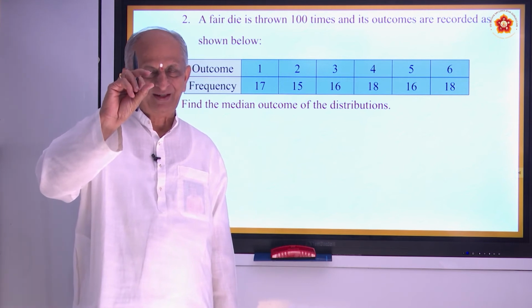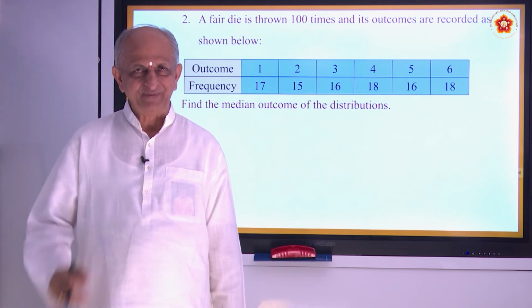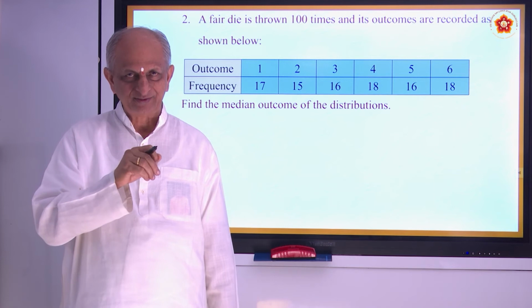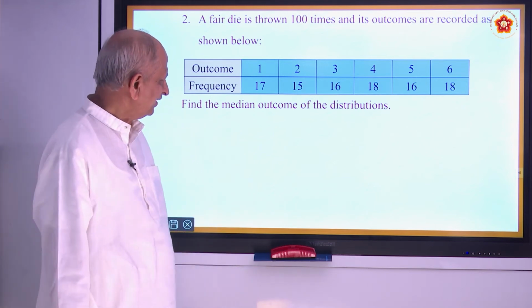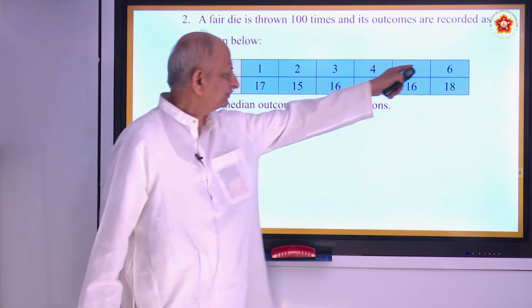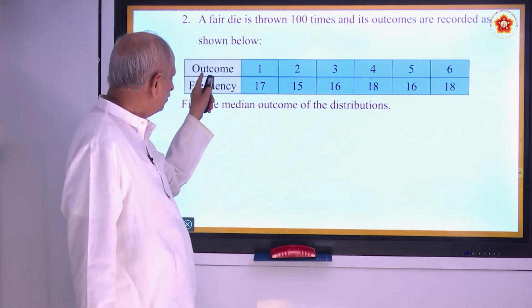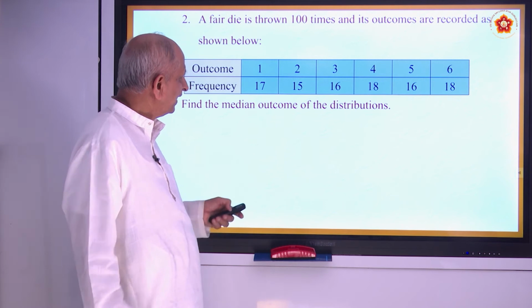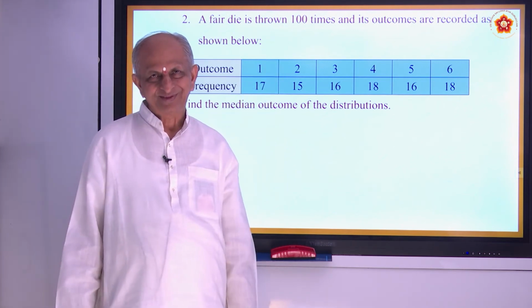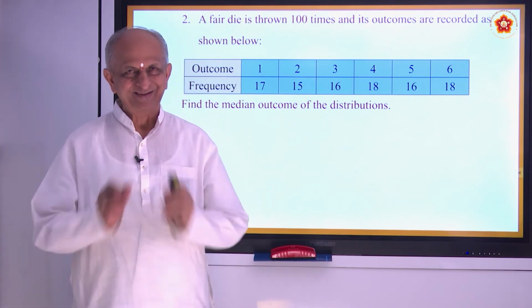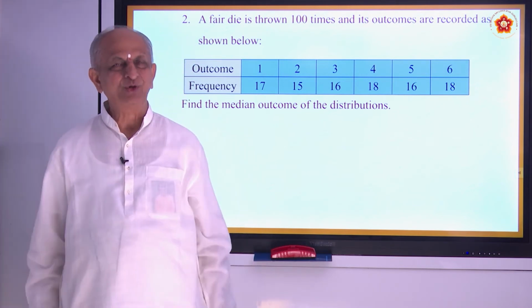A cubical solid having dots on it. There will be 6 dots on 6 faces. Is it not? That is called outcome. And it is thrown 100 times.